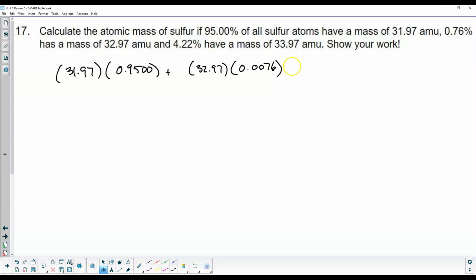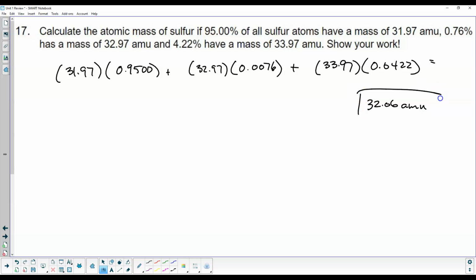You've got over 100%. So make certain you're moving that decimal 2 places. Let's see, 33.97 times, and this is 4%, so you still move it to 0.0422. Okay. Multiply, and then sum all these together. 32.06 AMU. Pretty straightforward.